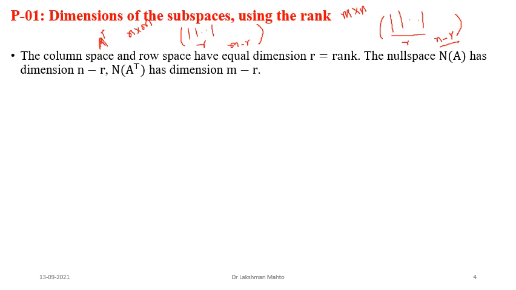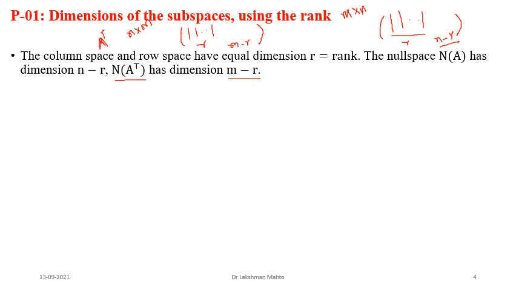The associated variables would be free variables, and they will construct the null space of A transpose, or simply the left null space. That's why the dimension of the left null space would be m minus r.